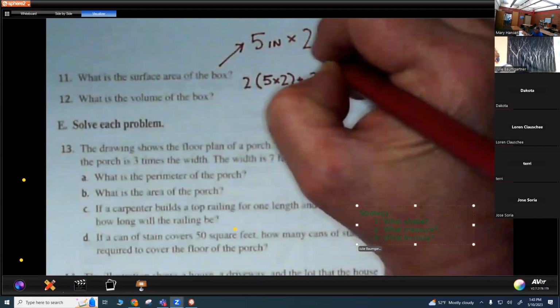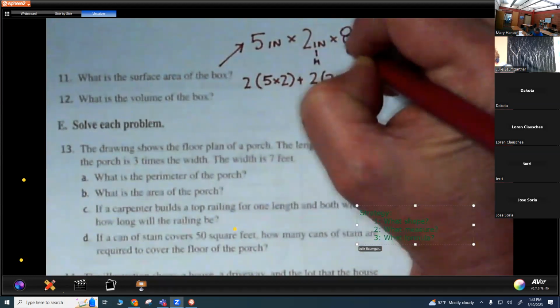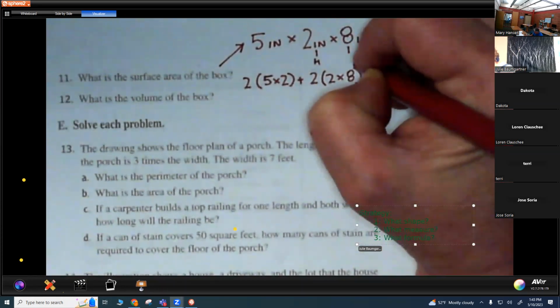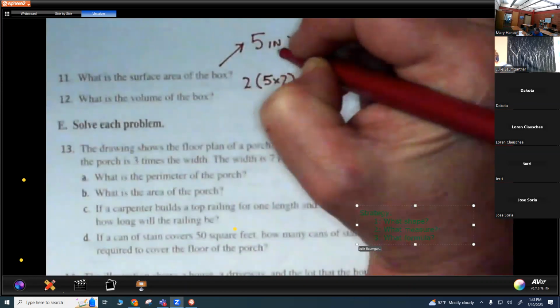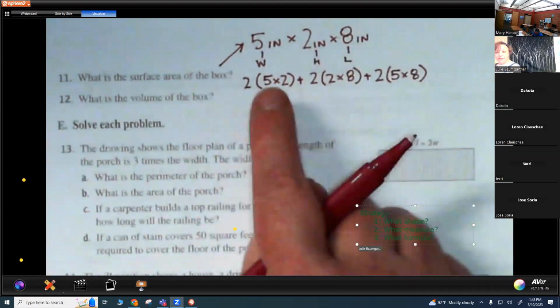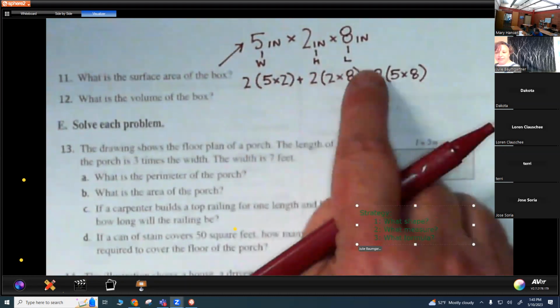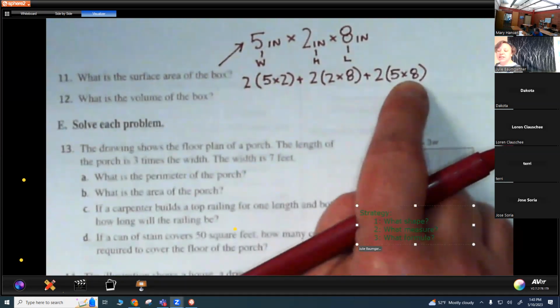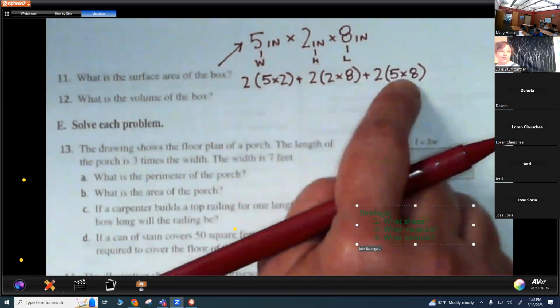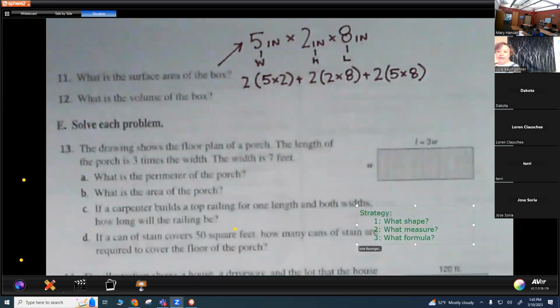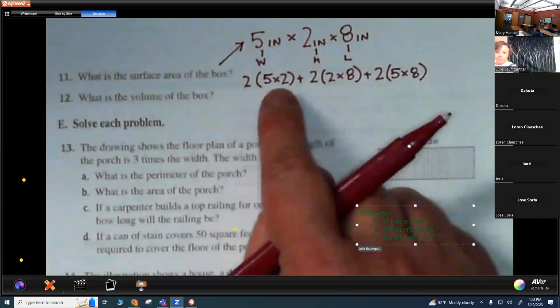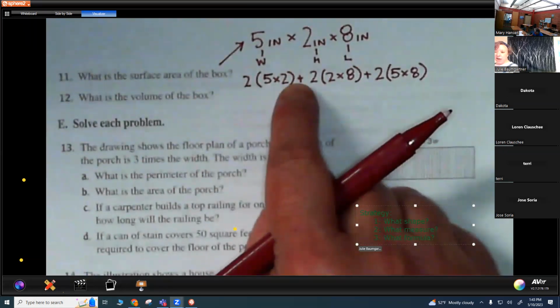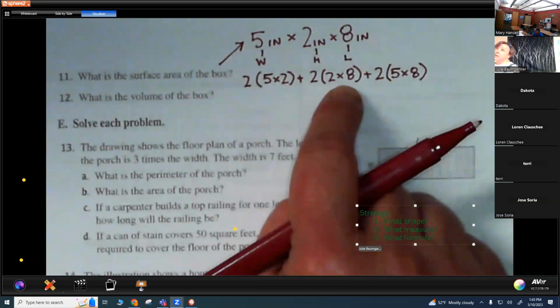Good. So we have our 3 dimensions, width, height, and length. And then we basically put them in our 2 combinations. And then you could plug this whole thing into your calculator if you wanted, but let's see, you get 20 plus 32 is 52 plus 80, 52 plus 80 is 132.